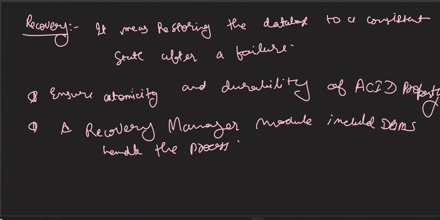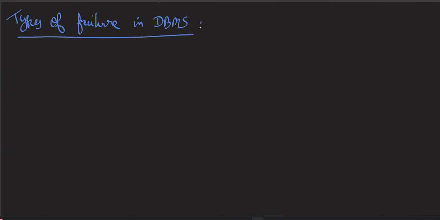So let's see the types of failure in DBMS, like how many types of failure can occur. The first type is transaction failure.